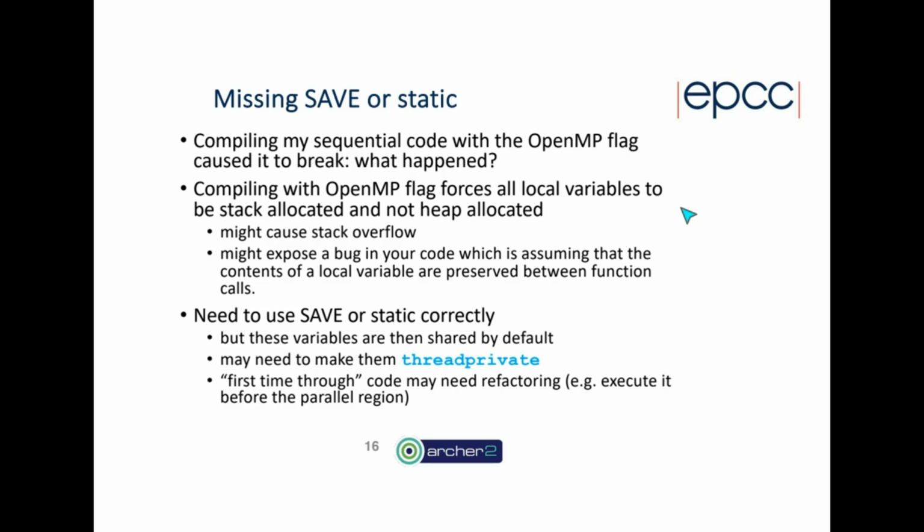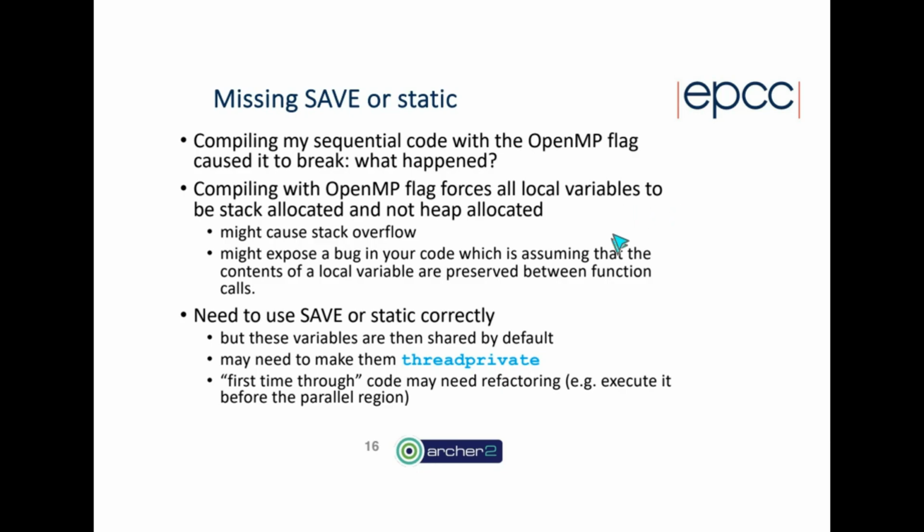In general, for plain old sequential code, the compiler has a choice for local variables, particularly local arrays inside functions. The compiler can choose whether it puts them on the stack, or if it knows they're quite large, it may just decide to heap allocate them instead. So compiling with the OpenMP flag forces everything to go on the stack.